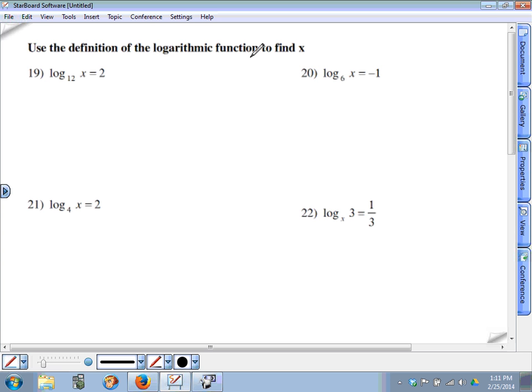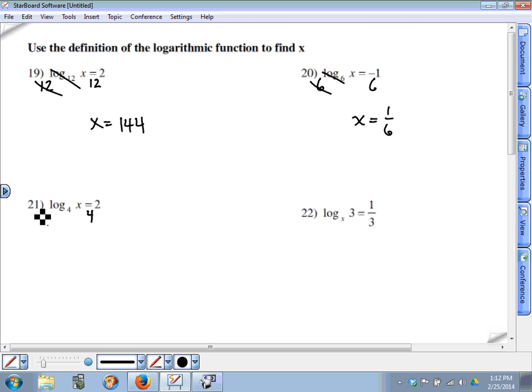Next section here, use the definition of the logarithmic function to find x. Essentially all I'm asking you to do is to solve the equation. If we exponentiate using a base of 12, then we have x equals 12 squared, which is 144 here. If you exponentiate with a base of 6, then you have x is equal to 6 to the negative 1 power, which is 1/6.